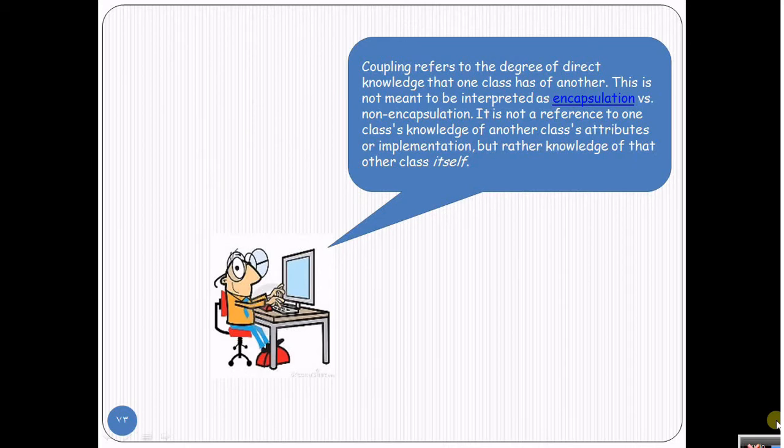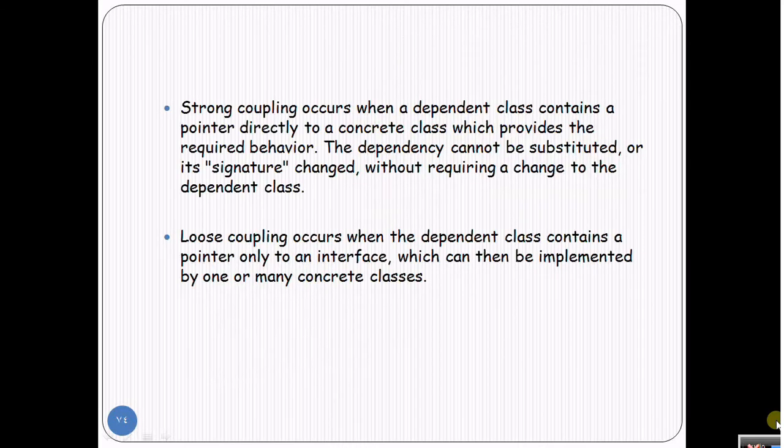Coupling refers to the degree of direct knowledge that one class has of another. Strong coupling occurs when a dependent class contains a pointer directly to a concrete class which provides the required behavior. The dependency cannot be substituted or its signature changed without requiring a change to the dependent class.